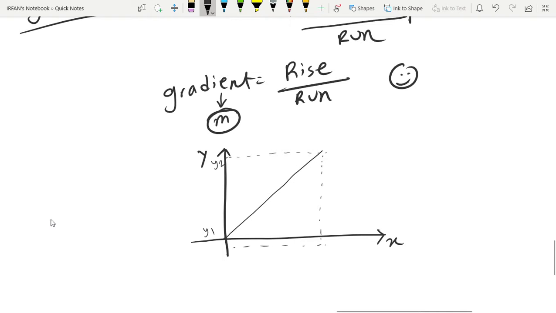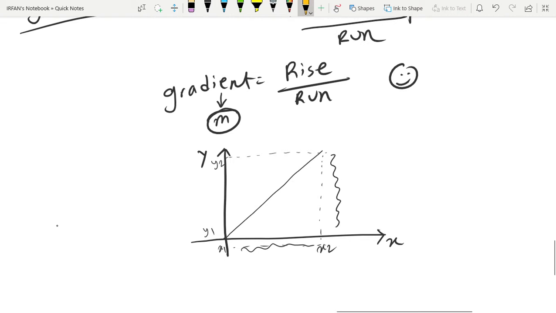Since we don't know any numbers, we are saying y1 and y2. Always remember, y2 is the greater and y1 is the smaller. Then going along, this is x1 and this is x2. So this is rise and this is run.